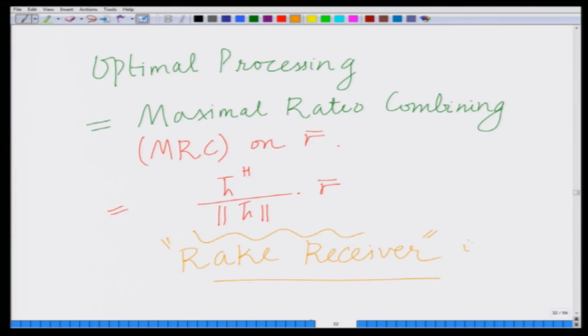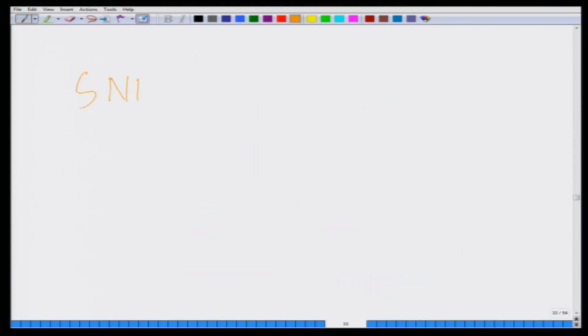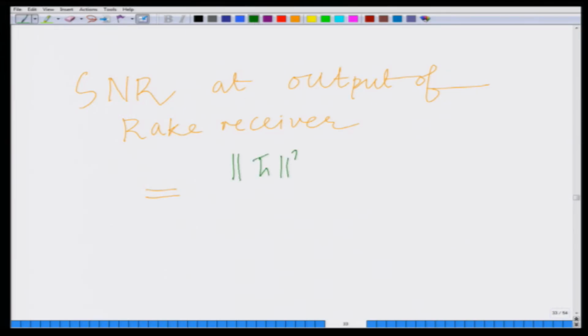And therefore, the SNR at the output of the rake receiver, we have already seen the SNR at the output of the maximal ratio combiner. SNR at the output of the rake receiver equals norm h bar square P divided by the noise power, which is sigma square divided by n.